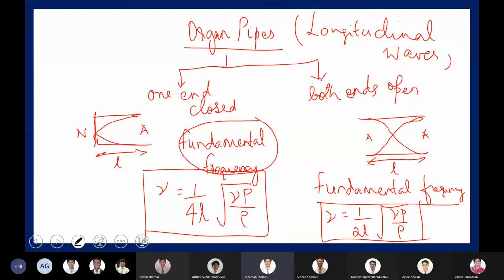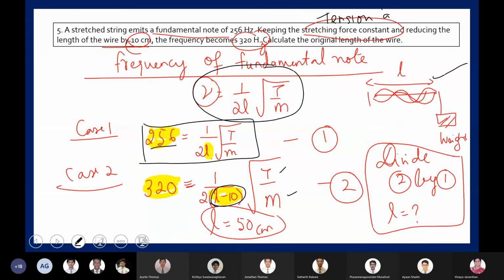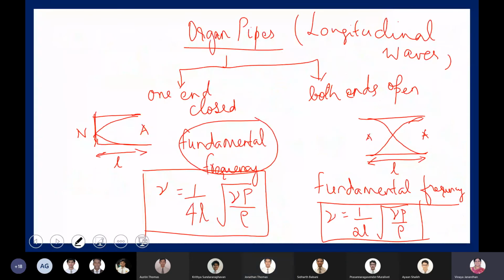Ma'am, could you please show the previous slide for 1 second? Thank you, ma'am. Ma'am, you can change the slide. I've put it in the chat, just like the basic formula.